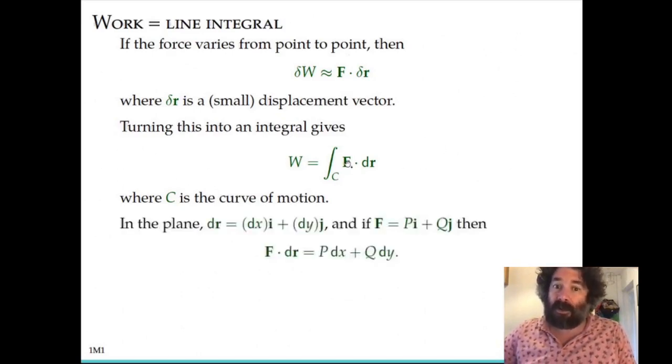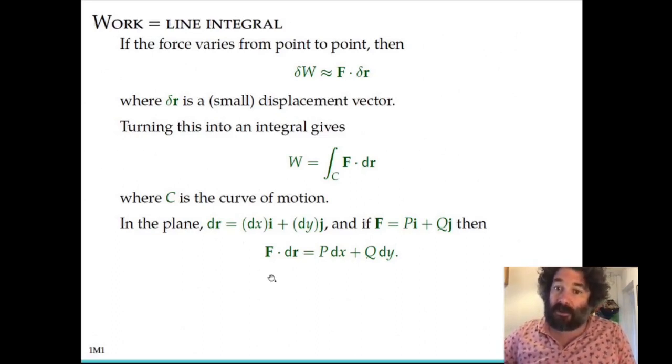So we write for dr, which is the infinitesimal displacement vector, dx times i, that's the change in x times i, plus this infinitesimal change dy in y times j. And then the force field, F, has components P and Q. And P and Q can be functions of x and y, so they can be varying from point to point.